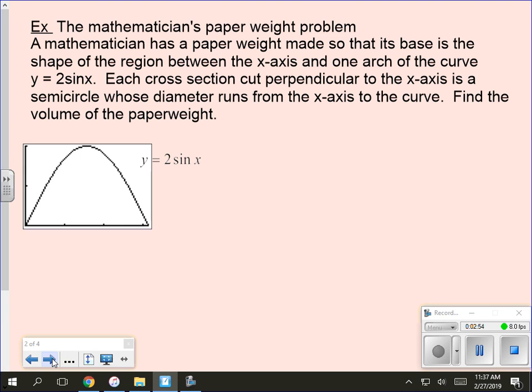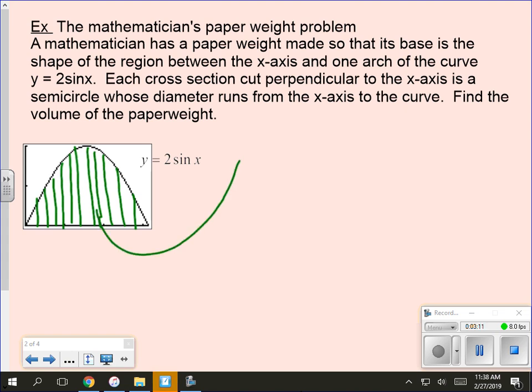Each slice perpendicular to the x-axis, just like I sliced up the bread, I have a bunch of perpendicular slices. Each one of these slices, if I were to pull it out, is a semicircle. So what's my cross-sectional area?